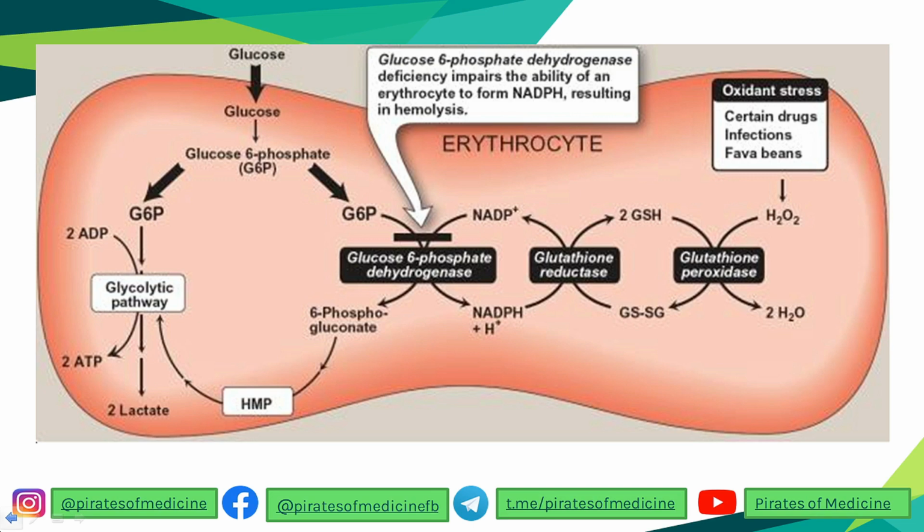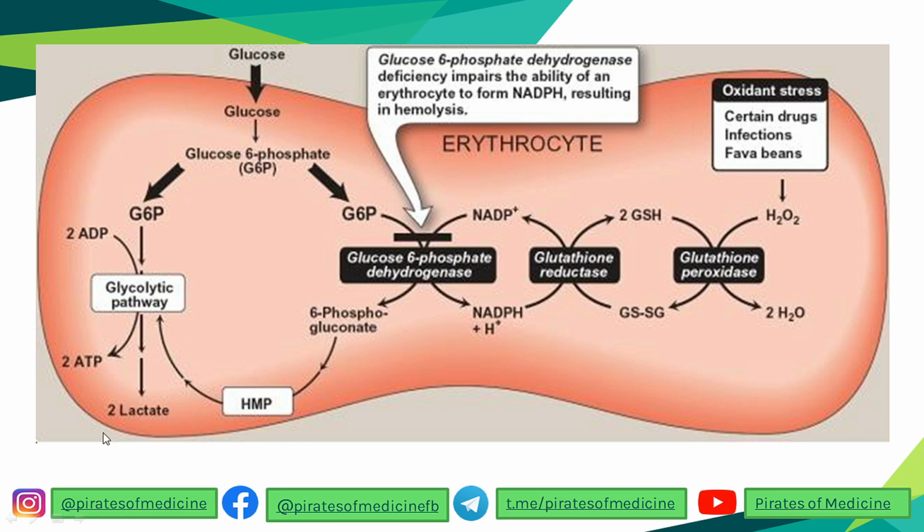Now what happens in the hexose monophosphate pathway is that glucose is converted to glucose 6-phosphate like every other glucose energy pathway, but here glucose 6-phosphate is converted to 6-phosphogluconate with the help of a special enzyme called glucose 6-phosphate dehydrogenase. Now this is the new substance that is formed, the 6-phosphogluconate.